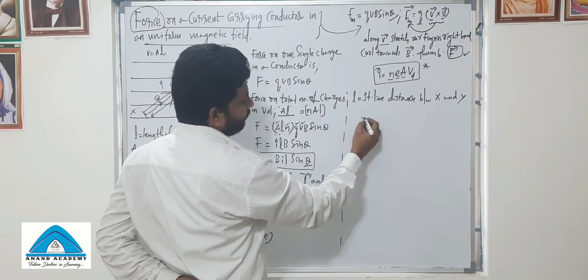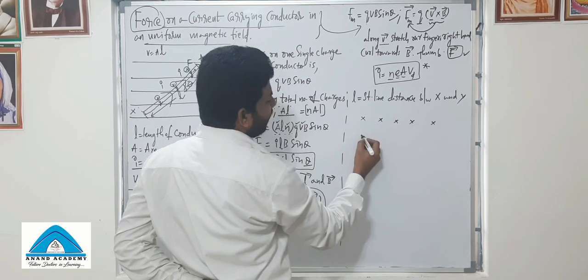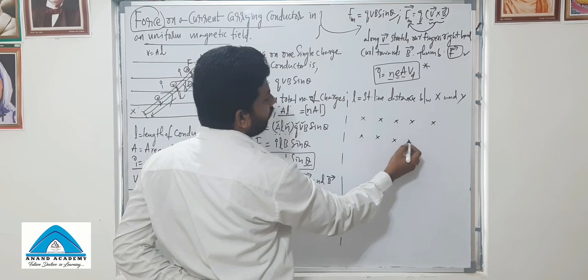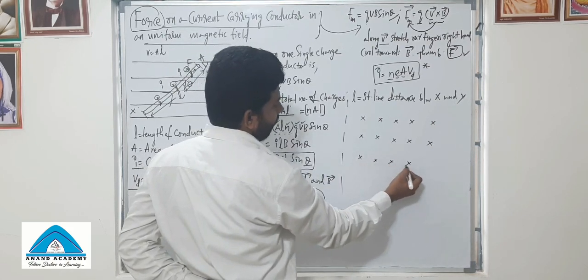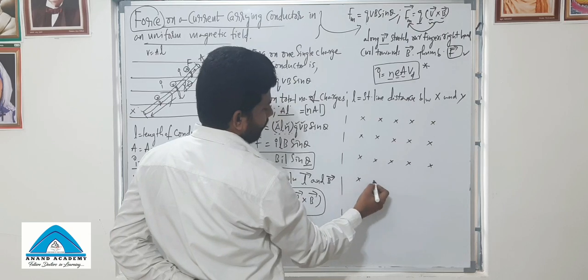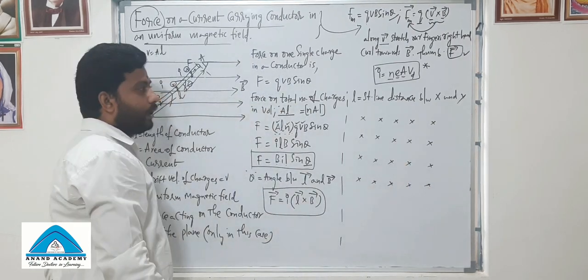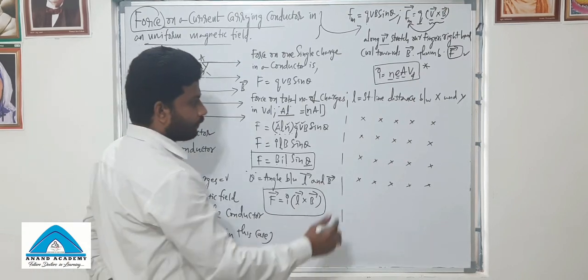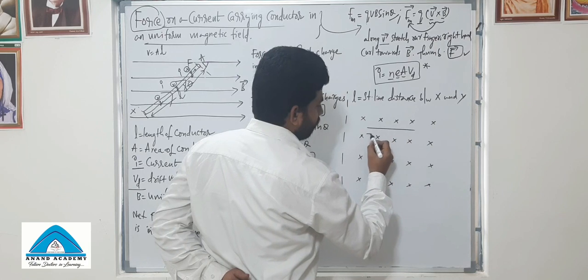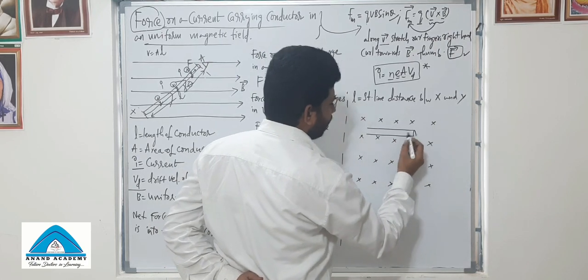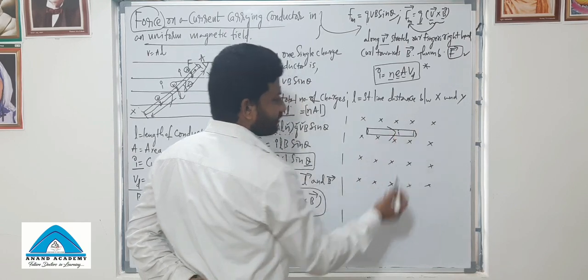Imagine there is a magnetic field which is into the plane here. Now the current carrying conductor is placed here.